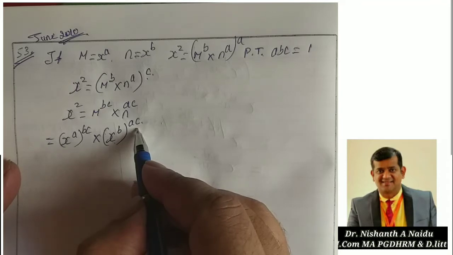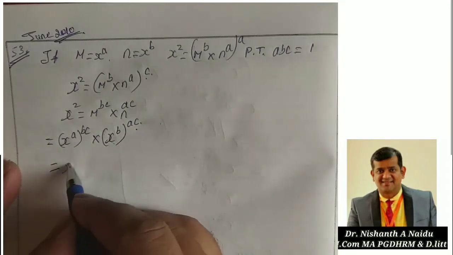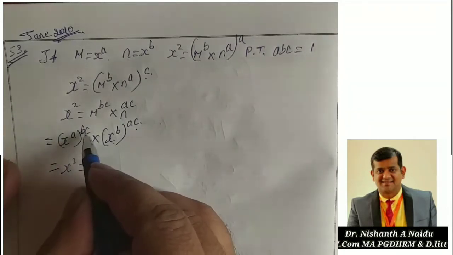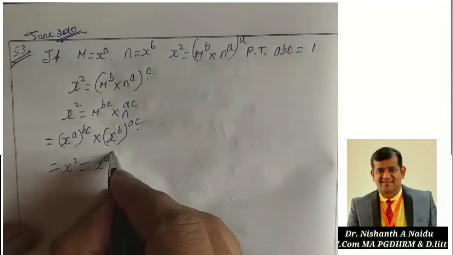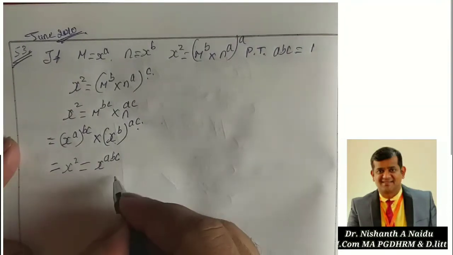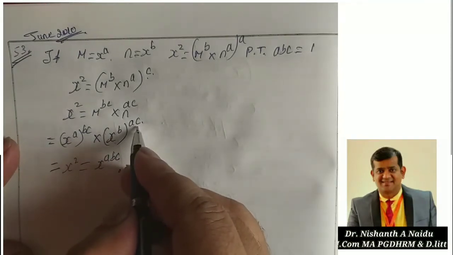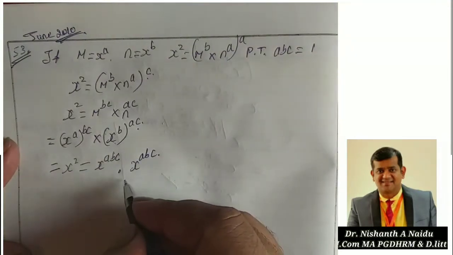So the next step: x to the power of 2 is equal to x to the power of abc into x to the power of abc.